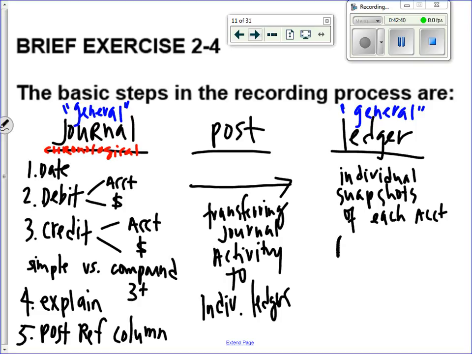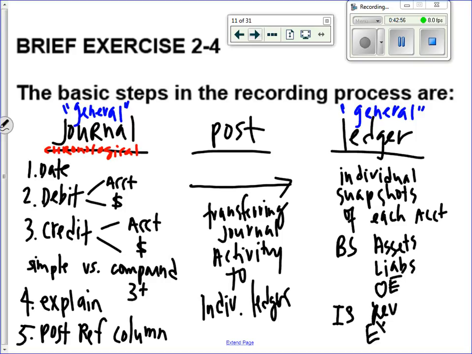They're in order of balance sheet, so they begin with the assets, then the liabilities are listed, then the owner's equity is listed, and then it rolls into the income statement with revenue and expenses listed. So it's going to have cash, equipment, supplies, AR, and then it's going to go into AP, notes payable. It's going to go in that order.